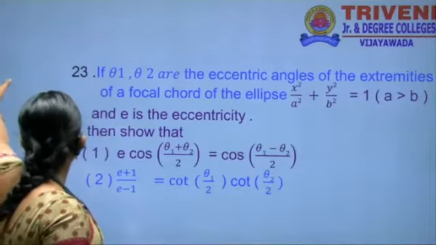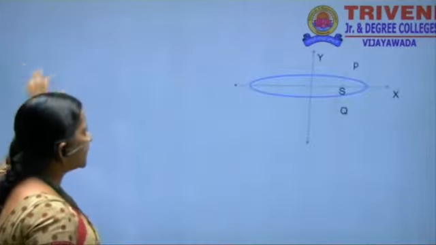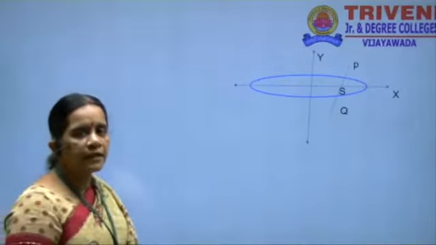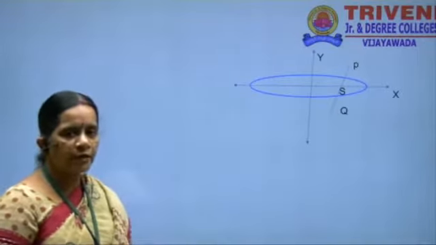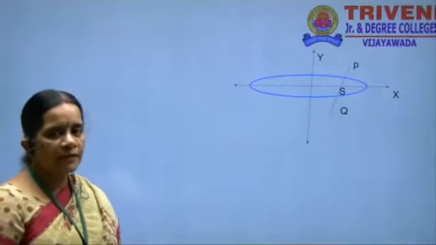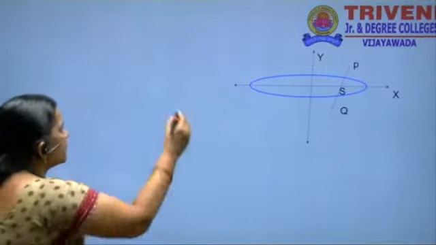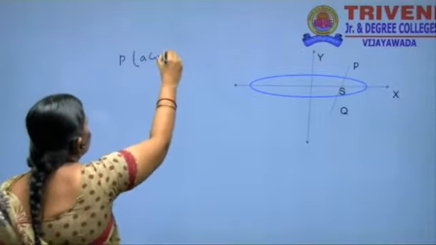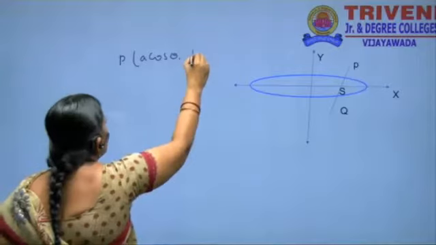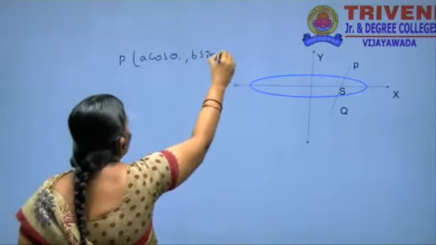Theta 1 and theta 2 are the eccentric angles. Here we have to take the value of points P and Q. Eccentric angles means we have to take the point P as a cos theta 1, comma b sin theta 1.